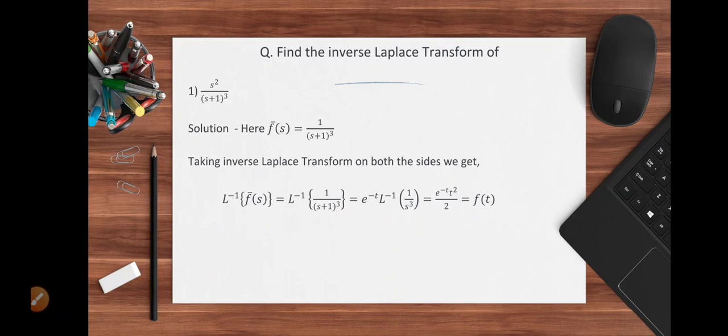Applying the shifting theorem method, we can write it as e raised to minus t into L inverse of 1 upon s cube. Now using the standard results, L inverse of 1 upon s cube is equal to t square by 2 factorial. 2 factorial is same as 2. So the final answer is e raised to minus t into t square upon 2. So this is our f of t.